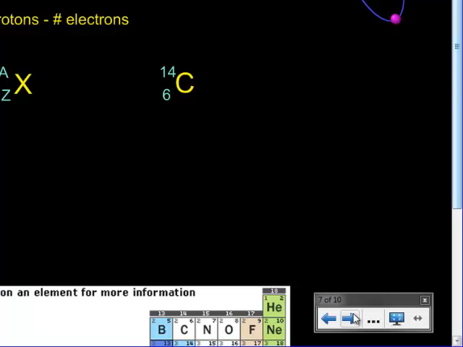So when we look at carbon-14, this particular isotope has 6 protons, indicated by that 6, and 8 neutrons. We take the mass number 14 minus the number of protons, and that gives us our neutrons.